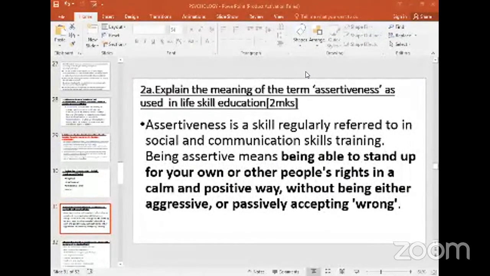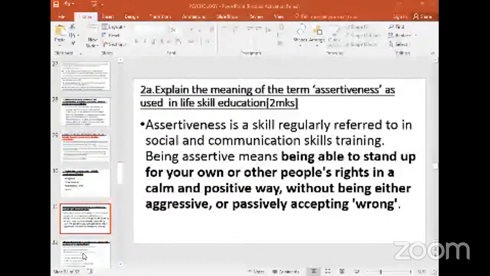So when somebody stands for his or other people's rights in a very calm way, without being aggressive or passively accepting the wrong, we say that that is assertiveness.